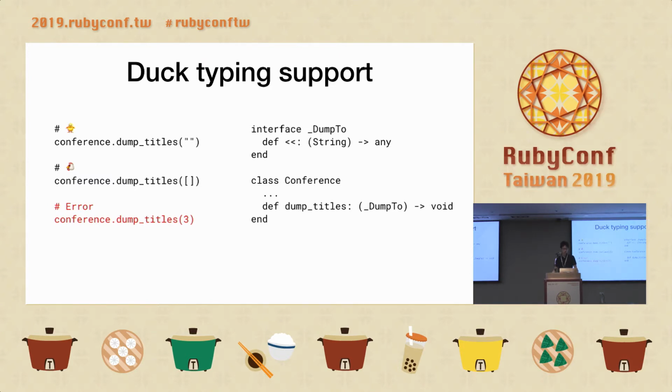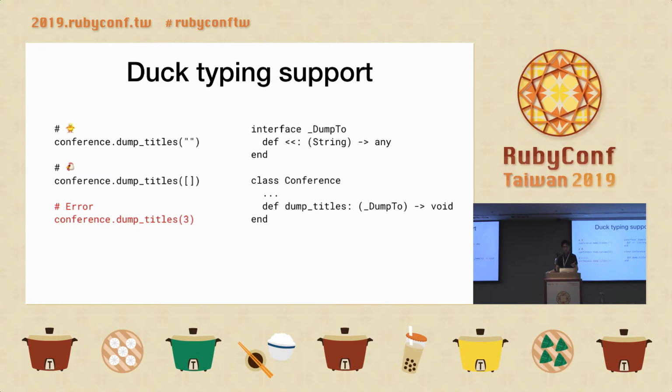So, for example, we define a _Dump interface in signatures. It requires the left arrow operator, and the operator should take an argument of string. And we don't use the return value of the method, so it will have the type of any.